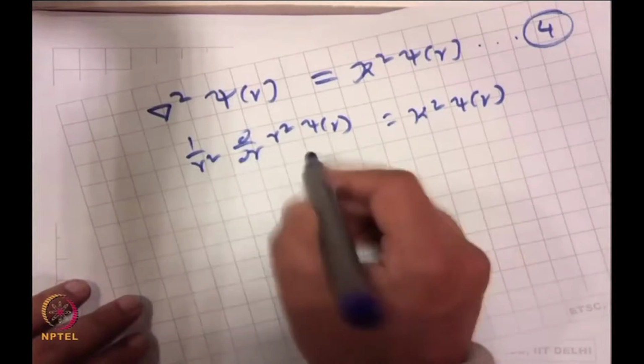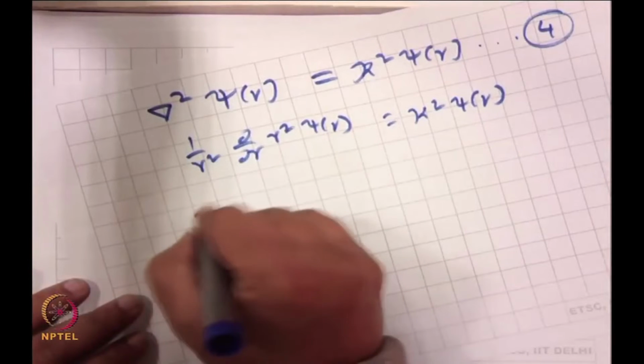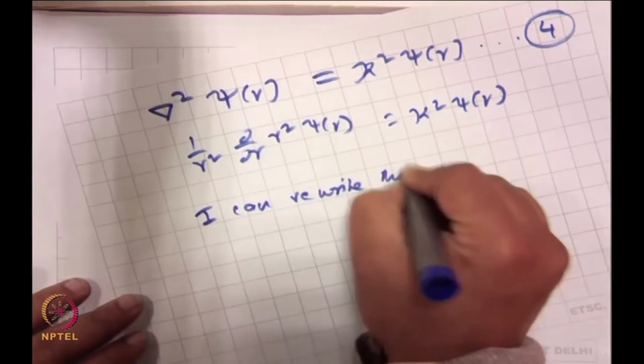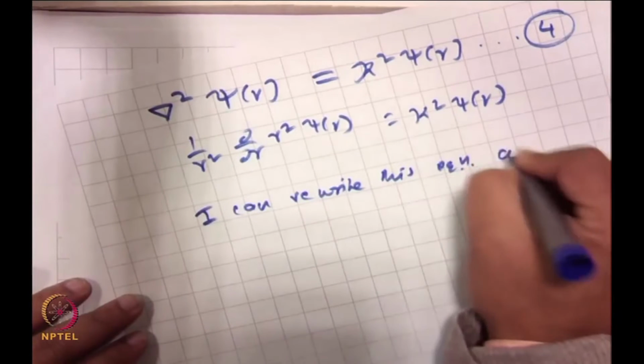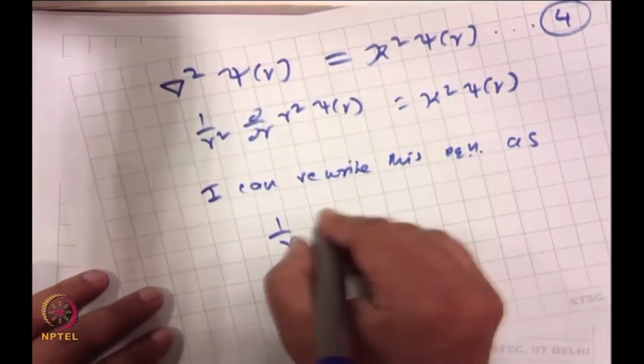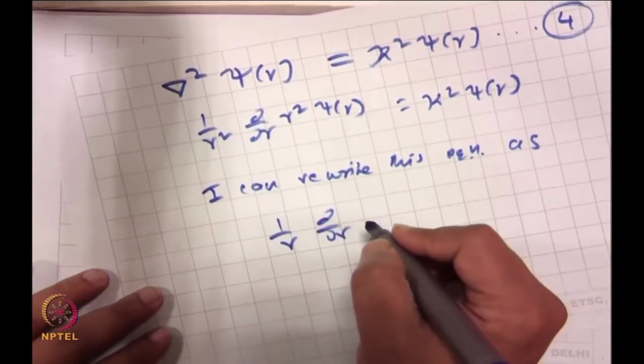So, this can be rewritten as, and this is for you to check, I can rewrite this equation as 1 by r del 2 of del r squared, okay.